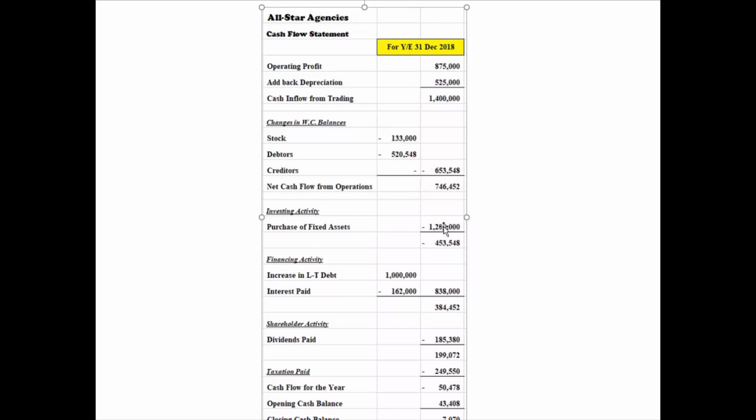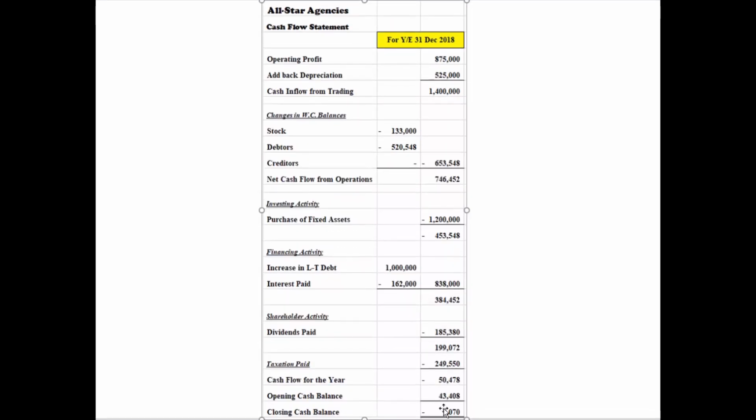There was our purchase of fixed assets. Here's our financing activities, long-term loan, interest payments. Down here was the dividend, and then there was the tax paid. And then right at the end, we came down to this number of 7070. So you'll recognize all the same numbers here. One other difference is that you'll see some, let's call them subtotals on the way down.